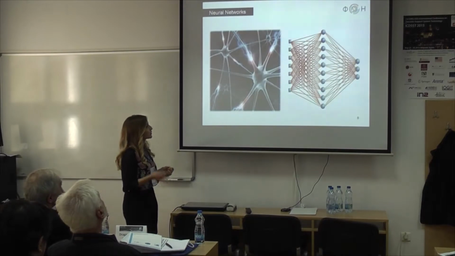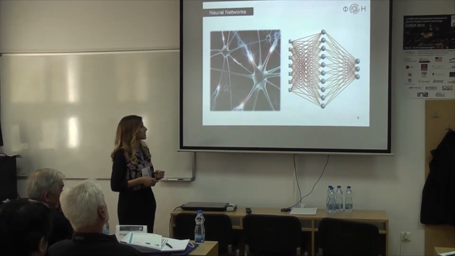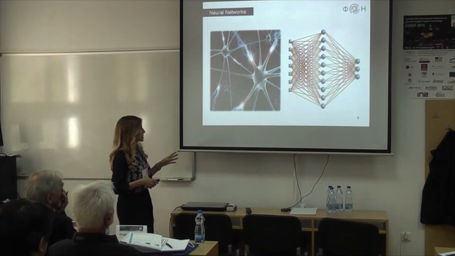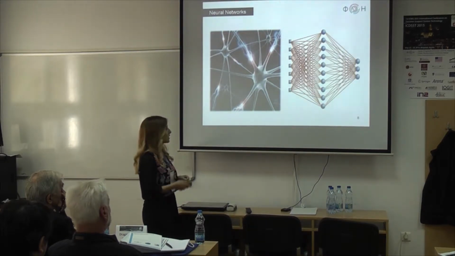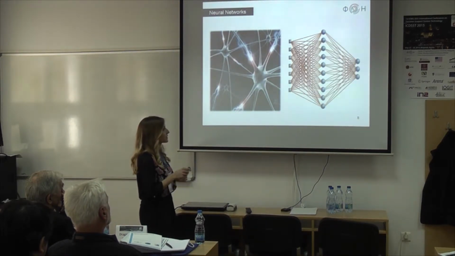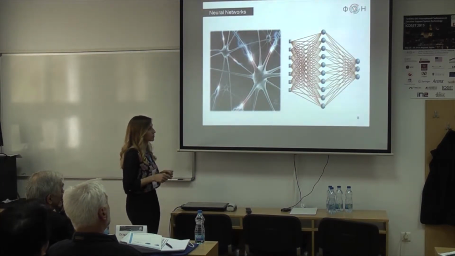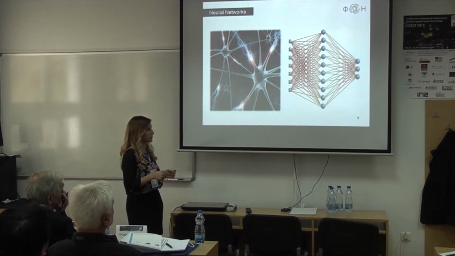So you probably all know, but I will just say a few words about neural networks. Artificial neural networks are very much similar to biological neural networks, and as you can see here, they have different layers, and in each layer they have nodes and neurons, and every neuron is connected with neurons from the previous and next layer.